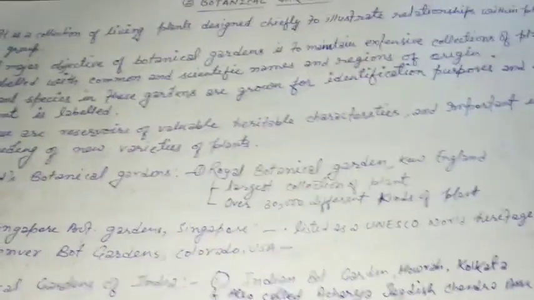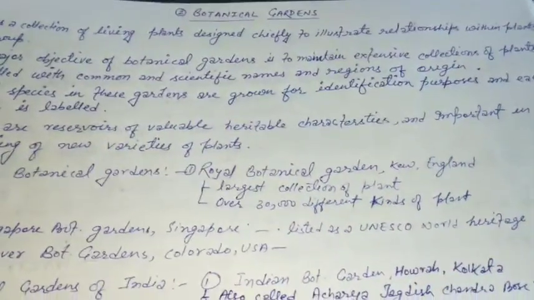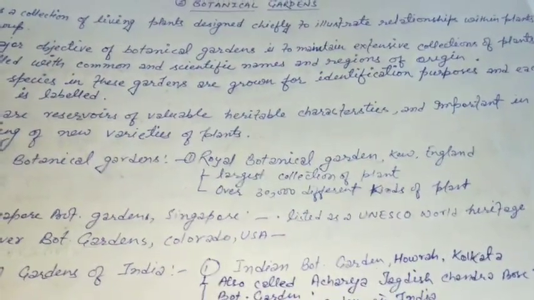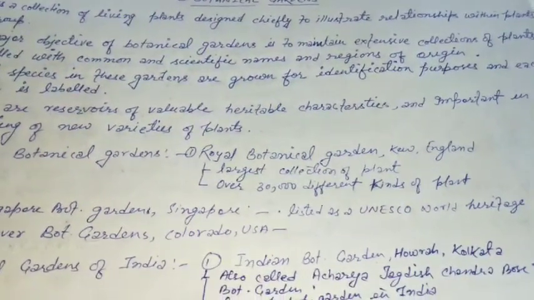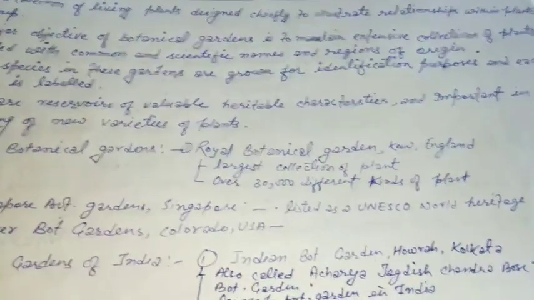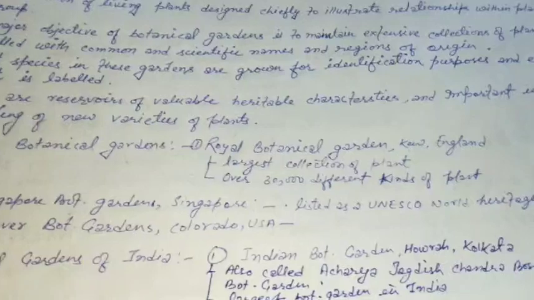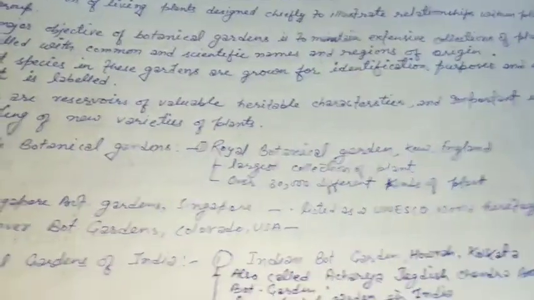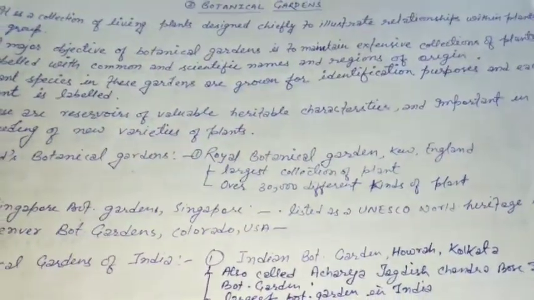But in botanical gardens, a plant is collected from any area and finally grown or placed in the botanical garden area. So it is a type of ex situ conservation. Ex situ conservation means other than the native place, other than the natural habitat.